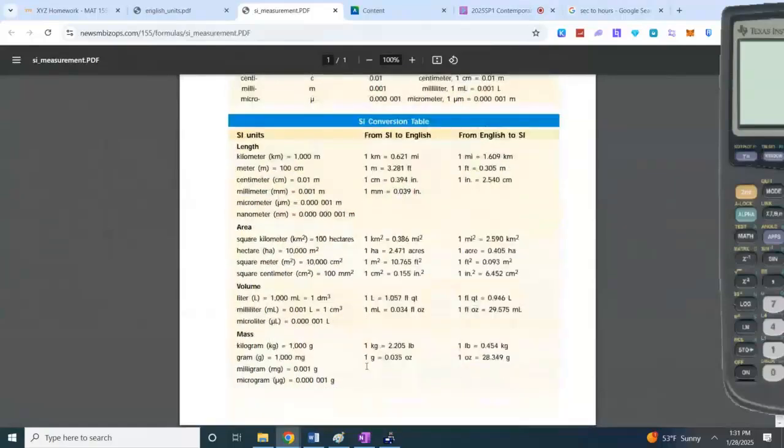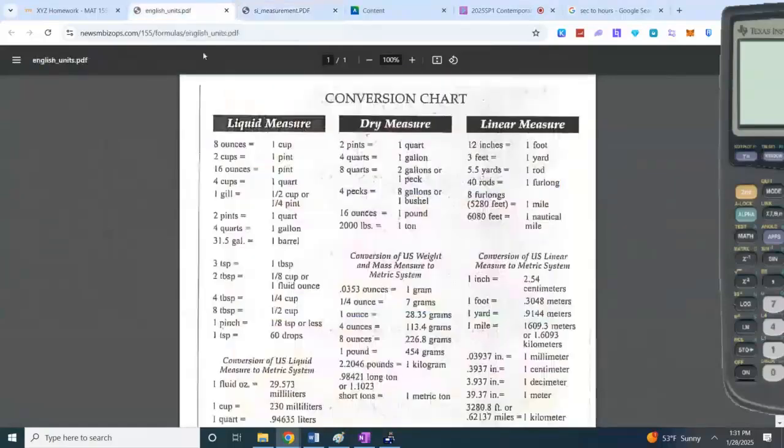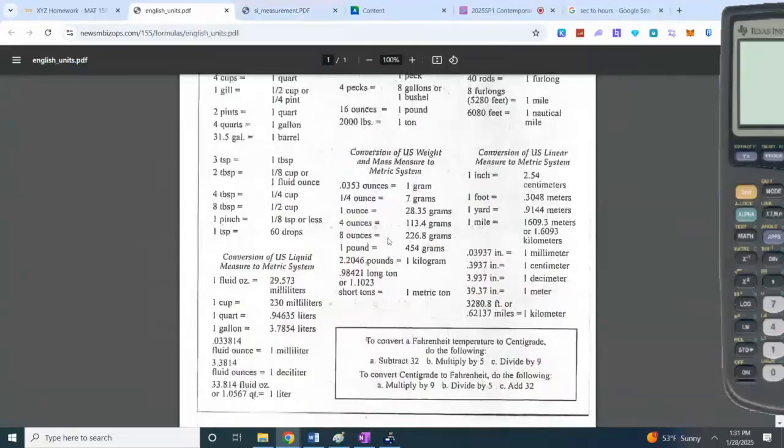I thought that was written out somewhere in one of these formula sheets. Let me just make sure.